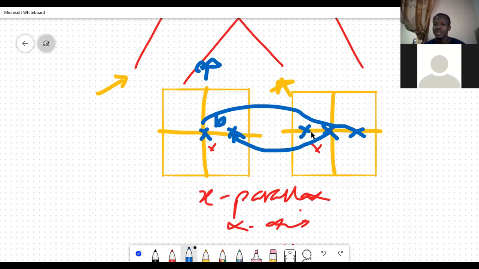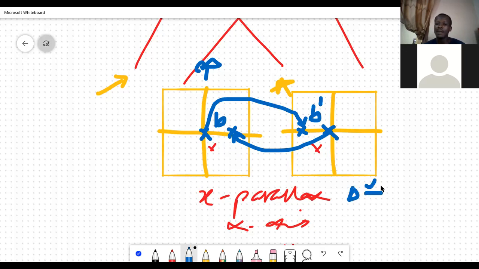So it's going to be somewhere here, not here. So let's undo and do it well. Right, this point, when I move forward, it should be somewhere there. So now this will be B prime, and we are saying that B and B prime are approximately the same, and they actually represent the alternate parallaxes for the principal point.